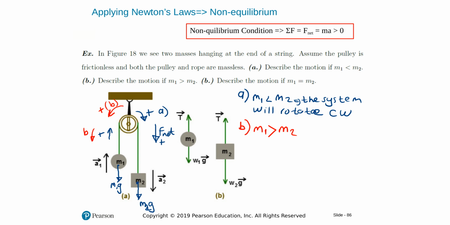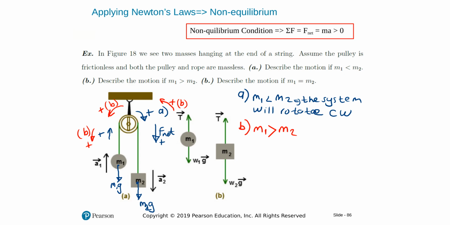So this shows what happens with B here. For part B, down will be positive there, and everything will be opposite. So the red one shows what happens if we have the case of B, M1 is larger, and the blue one shows if M1 is smaller and what happens in that case.